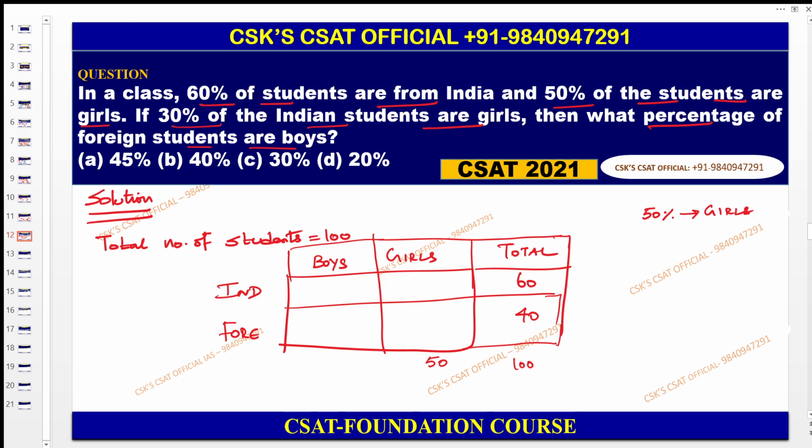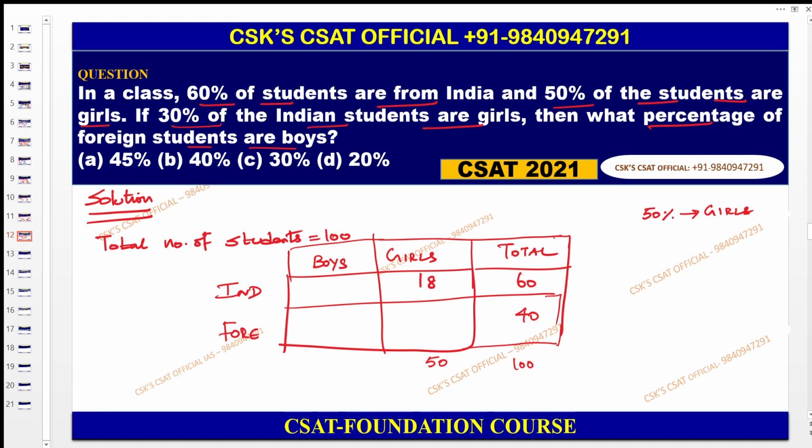Right. Out of here 30% of the Indian students are girls. So here the total Indian students is 60. 30%. 30% means 10% is 6. 20% 12. 30% 18. That's it.